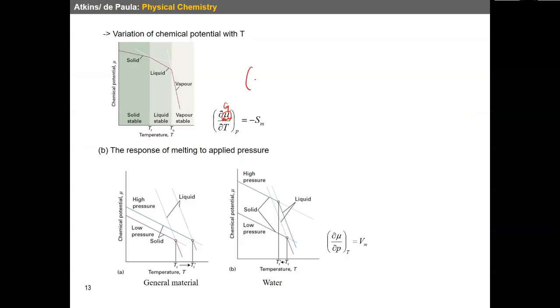Then we have the partial derivative of mu with respect to T at constant pressure is minus Sm. So this is the molar entropy.